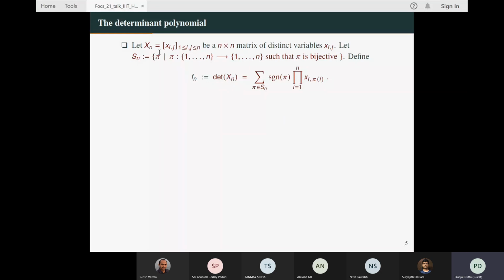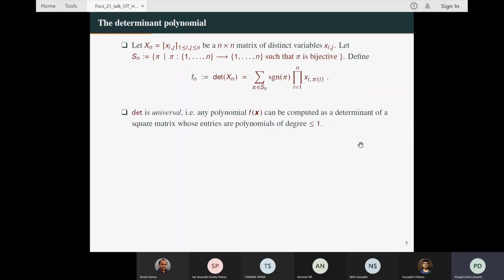You take a symbolic n cross n matrix, and each entry is xij, a new variable xij. And just like the way the determinant is expanded, you expand this. There will be plus minus, and each term will be a monomial x_{i,π(i)} kind of thing. It's an exponential sum of monomials with plus minus signs. And this is the definition of the symbolic determinant.